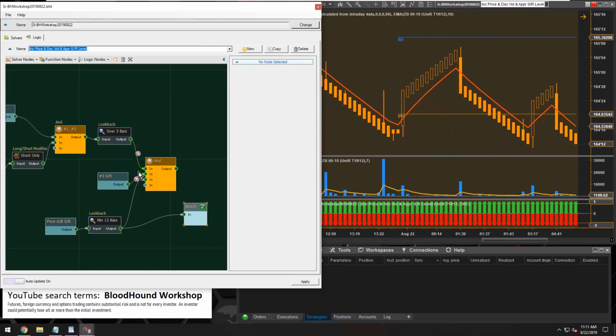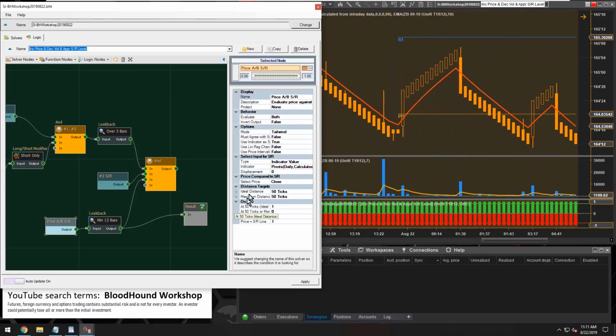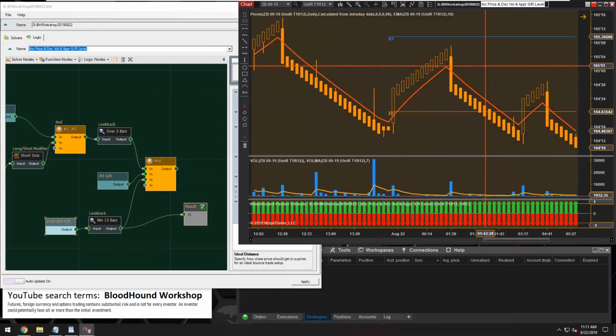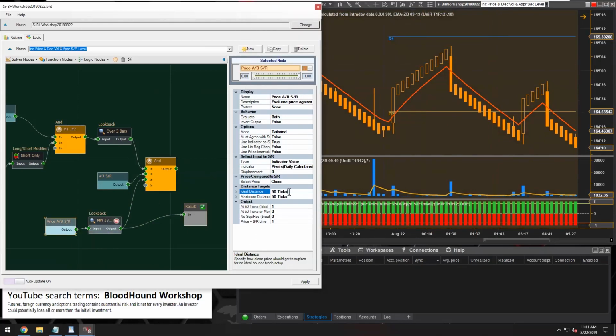And remember, this distance I set to 50 ticks. So what's happening is these pivot lines are within 50 ticks of each other. These pivot lines got really close to each other. So that made this logic not work.